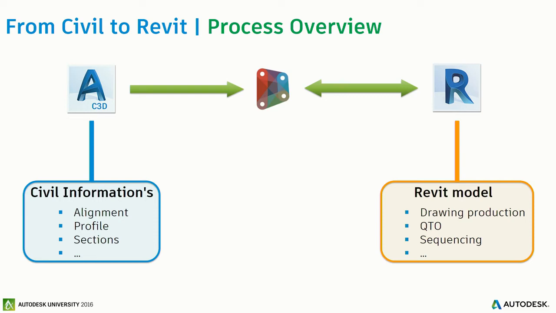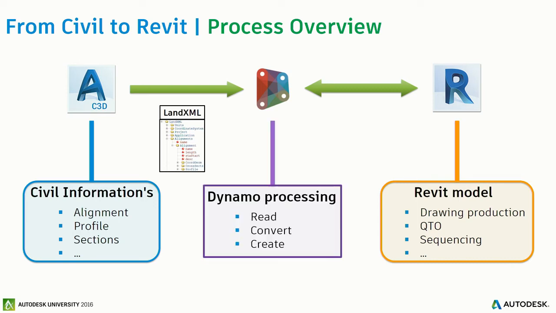I will use the LandXML coming from Lucy and read it into Dynamo, because the LandXML is a kind of standard. I have the profile information and the horizontal information, but I need to create the 3D axis in Revit, and also get the cross-section. So Dynamo will read the LandXML, convert it, and then create the geometry in Revit.